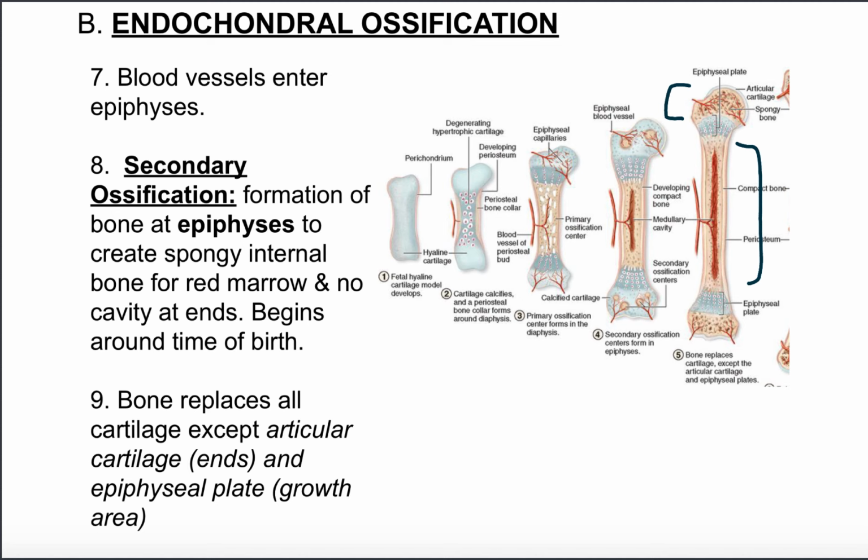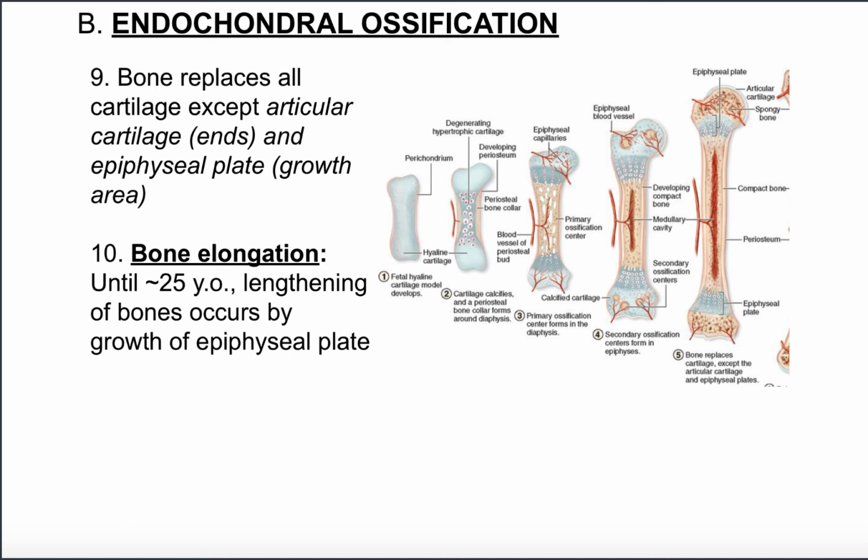You have a cartilage region between our ends and the shaft. And we have, again, articular cartilage that's at the very end to help prevent friction on our bones. But the big thing is we have that little cartilage space between the ends of our bone and the shaft region. That's actually the area that's going to pretty much last for most of your adolescence.